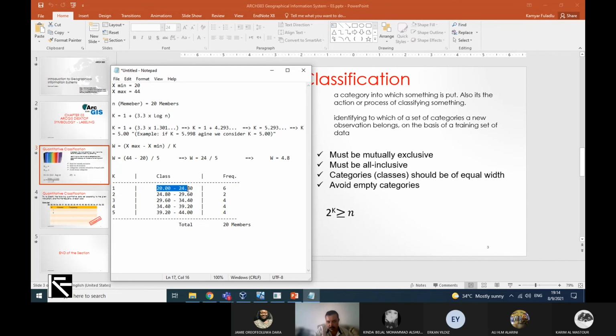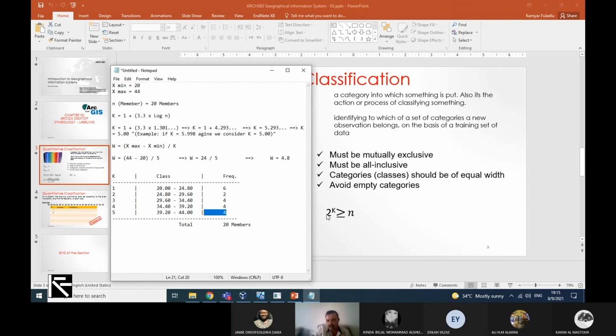As you see, all of them have an equal width of 4.8. Avoid empty categories or empty classes. Actually, as you can see, we do not have any empty categories. As much as possible, we try to avoid empty categories.